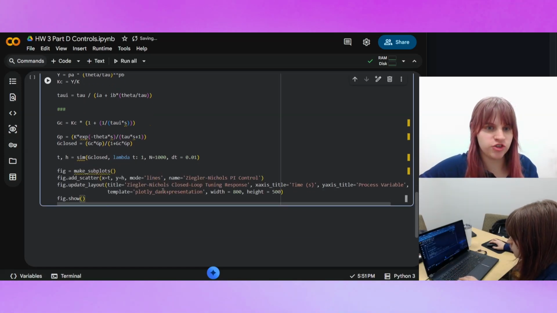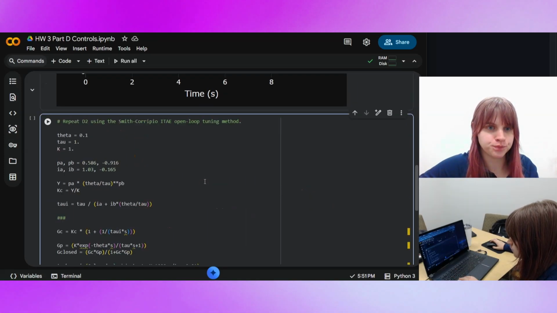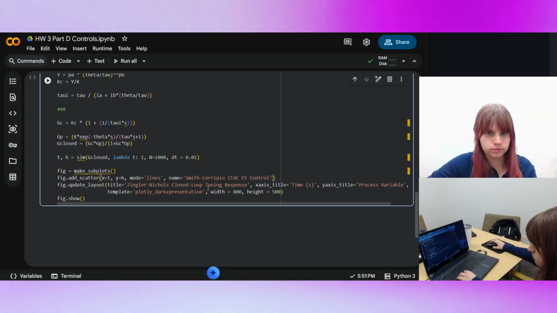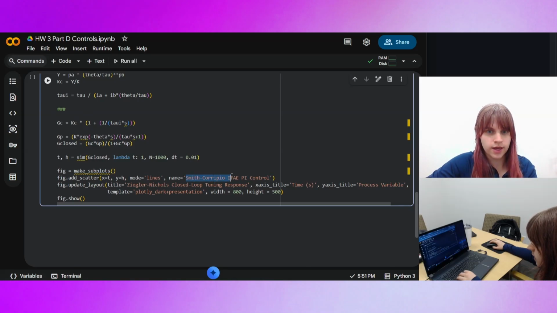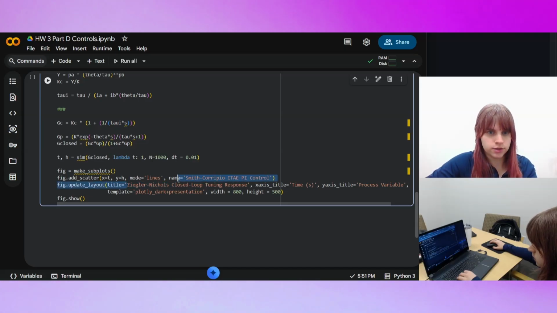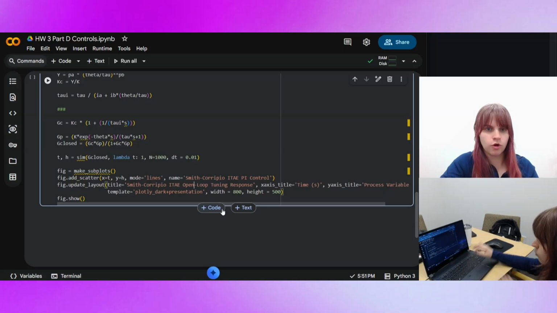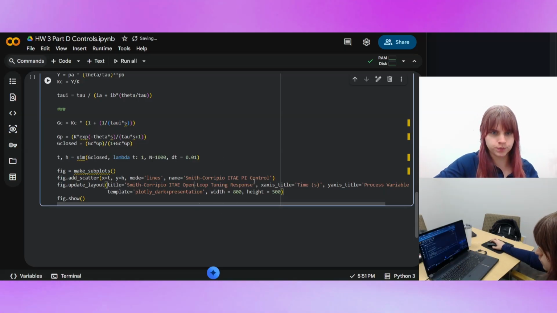But I do want to change the titles really quickly. So we have the Smith-Corripio ITAE PI control, and this is the same thing but open loop tuning response.